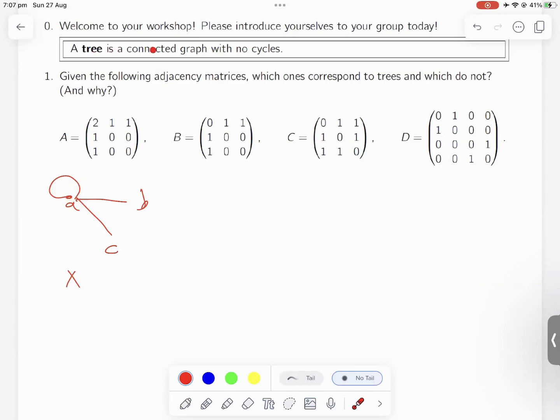A tree is a connected graph with no cycles. So the second one, A, B, A, C. And from B to A, we got it here. And C to A is the same. So this is the tree. And you can do the C and D by yourself.